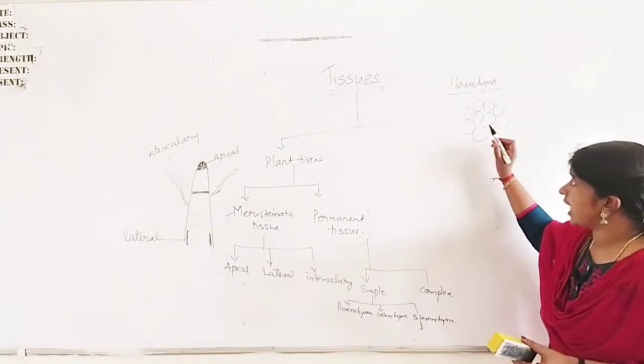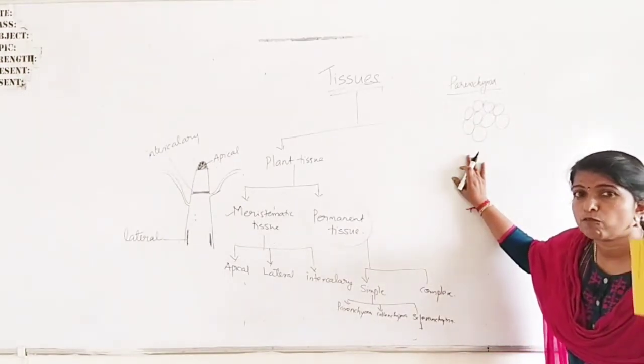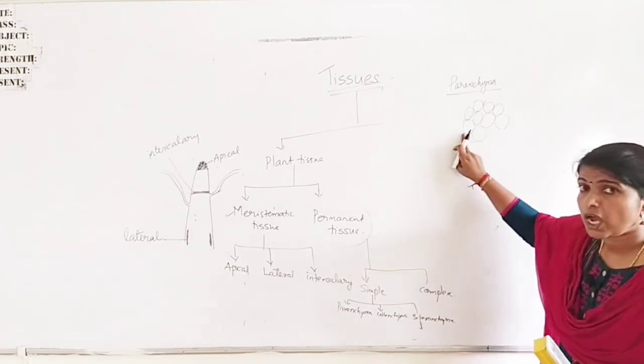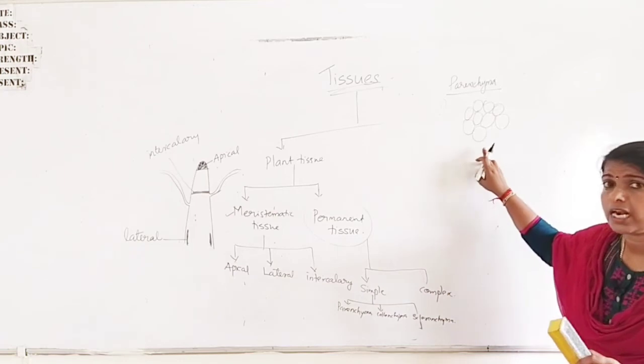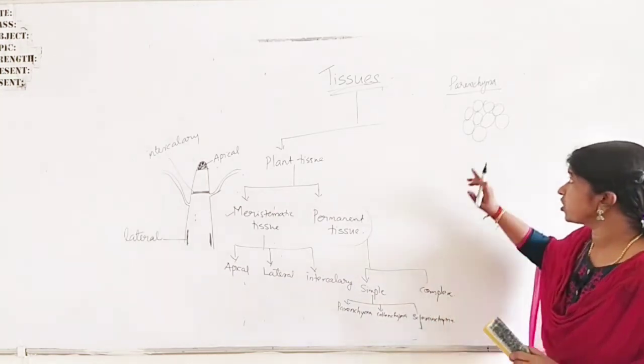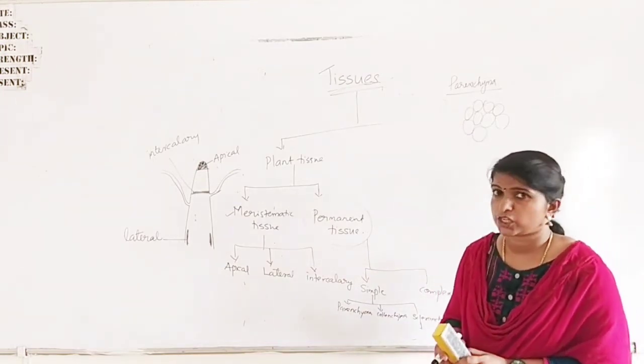So we can say that parenchyma cells have a thin cell wall. Second, these are circular or polygonal or oval in shape. Next character, these are arranged with intercellular spaces.